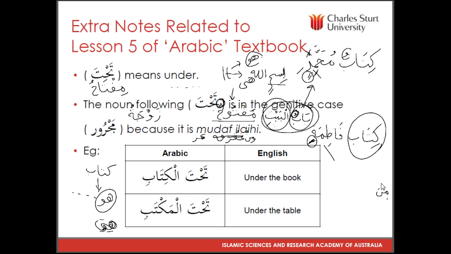Page number 31. Last exercise for this lesson. So there are some pictures here. Can you see that? Exercise 8. Number 31. It says follow the examples, then create questions like the example كتاب من هذا.